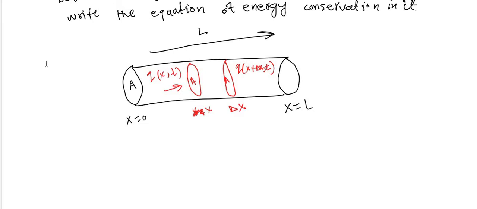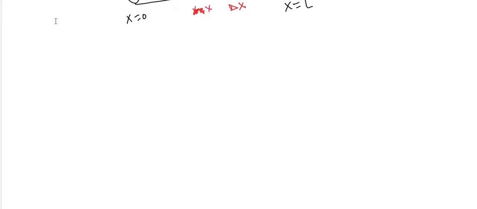Now let's see what data we have here. We have a change in volume del V, which is the volume of the element, and volume is actually area multiplied by length, but the length changes, that is why.